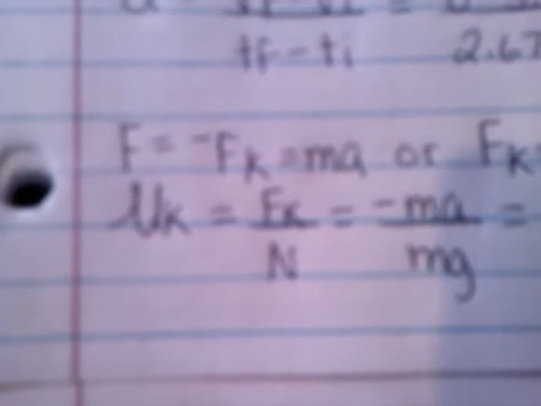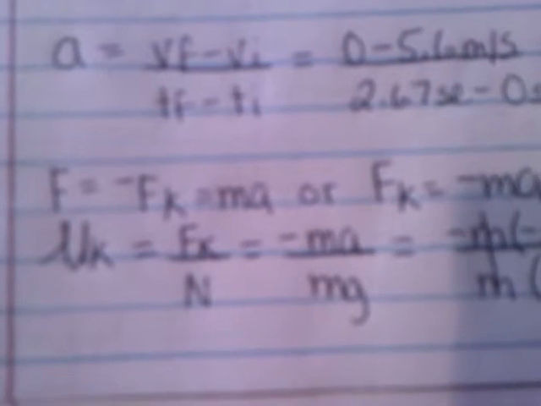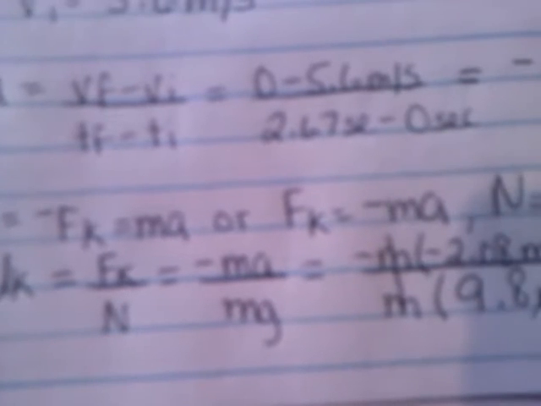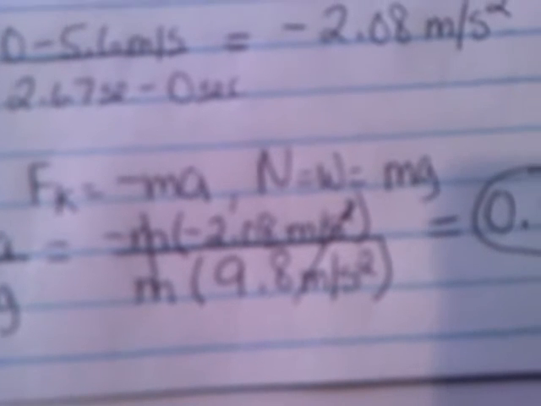Then the coefficient of friction equals Fk divided by N, which equals negative ma divided by mg. If you plug your numbers in, the m's cancel out, and you're just left with 0.21. The coefficient of friction is dimensionless, so that is the answer for the man's shoes on the ice.